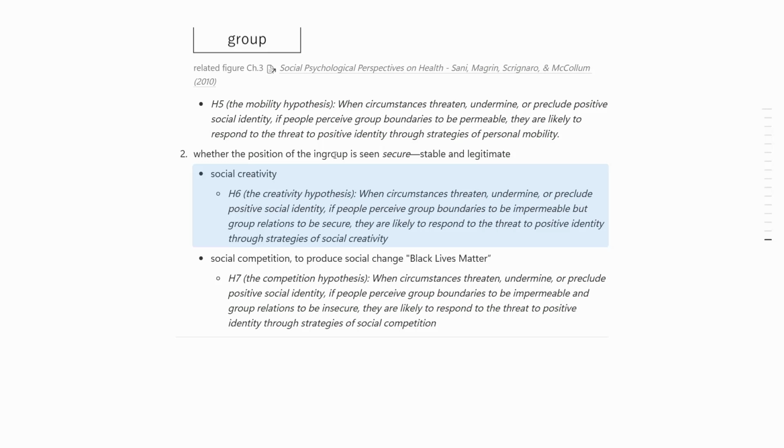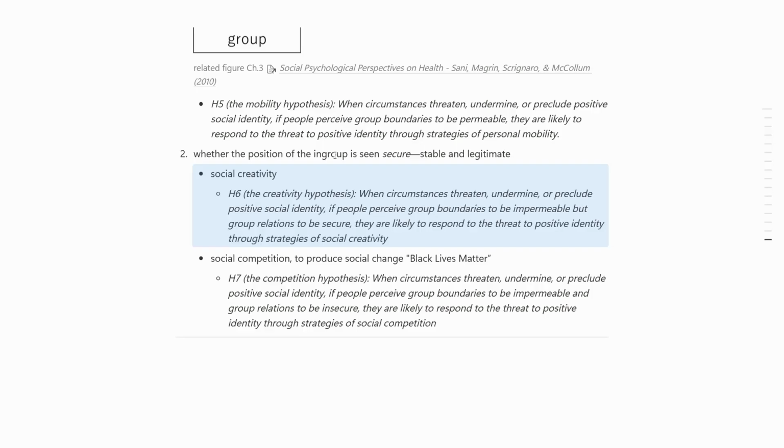So the creativity hypothesis postulates that when circumstances threaten, undermine, or preclude positive social identity, if people perceive group boundaries to be impermeable, but group relations to be secure, they're likely to respond to the threat to positive identity through strategies of social creativity.